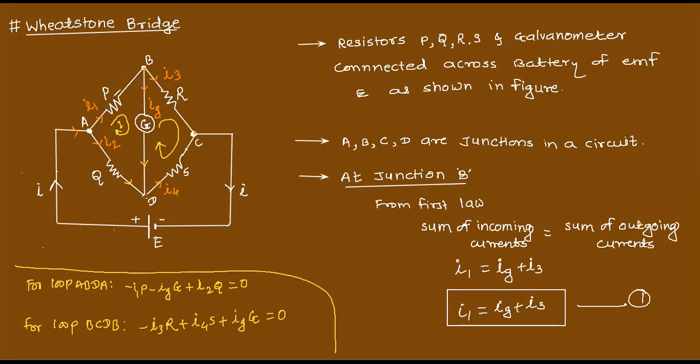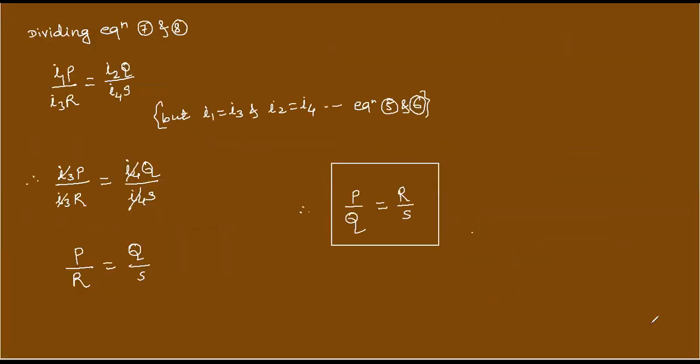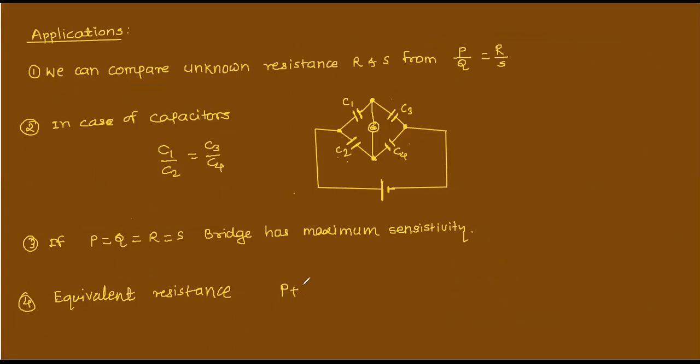It means P and R are in series, और then these two are in series. So P plus R is in parallel with Q plus S.